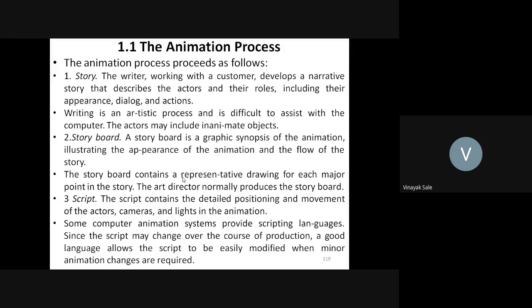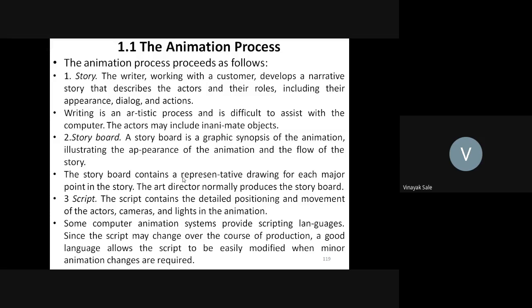Then storyboard. A storyboard is a graphic synopsis of the animation illustrating the appearance of the animation and the flow of the story. The storyboard contains a representative drawing for each major point in the story. The art director normally produces the storyboard.